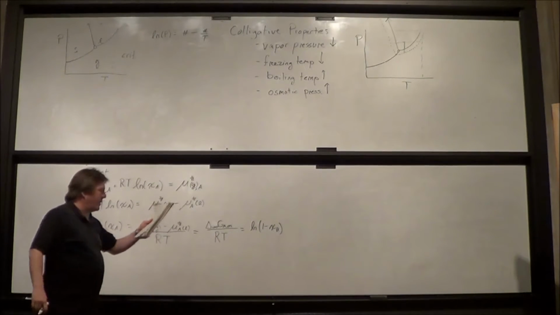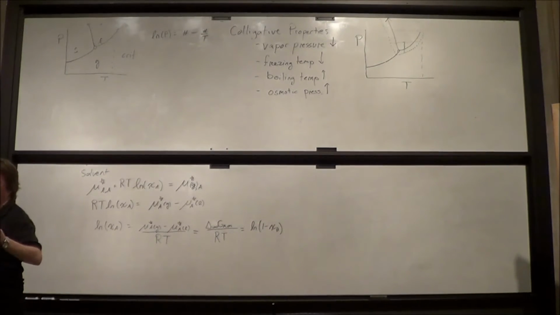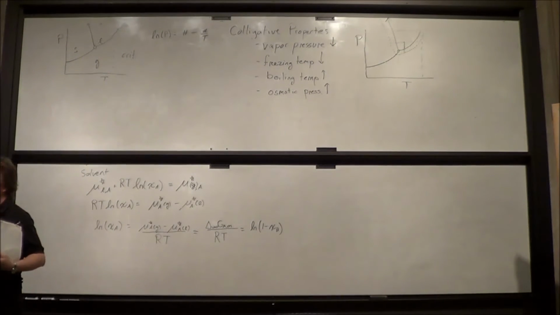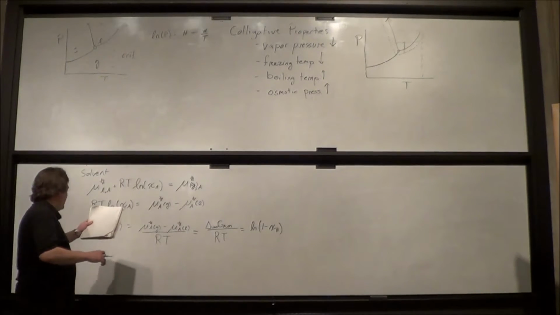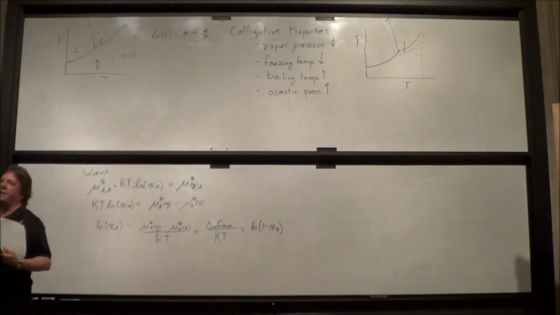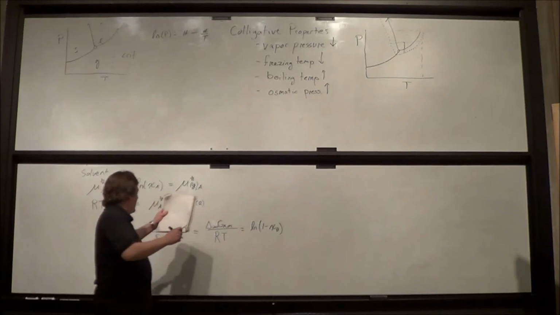Okay, now this is where this gets a little funky. I want to see how the boiling temperature changes. So what I'm going to do is take the derivative of this with respect to temperature, then bring over the dT and do an integral. So that's the idea.